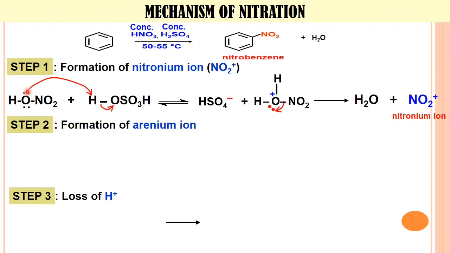Nampak lone pair ni akan form one single bond with this hydrogen. So it means that this oxygen will donate the electron to this hydrogen. So bila dia donate, that's why this oxygen become positive charge.